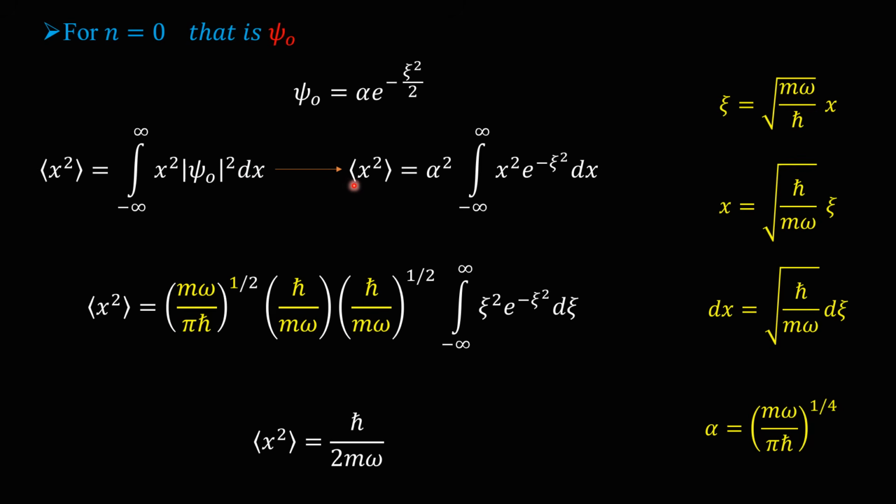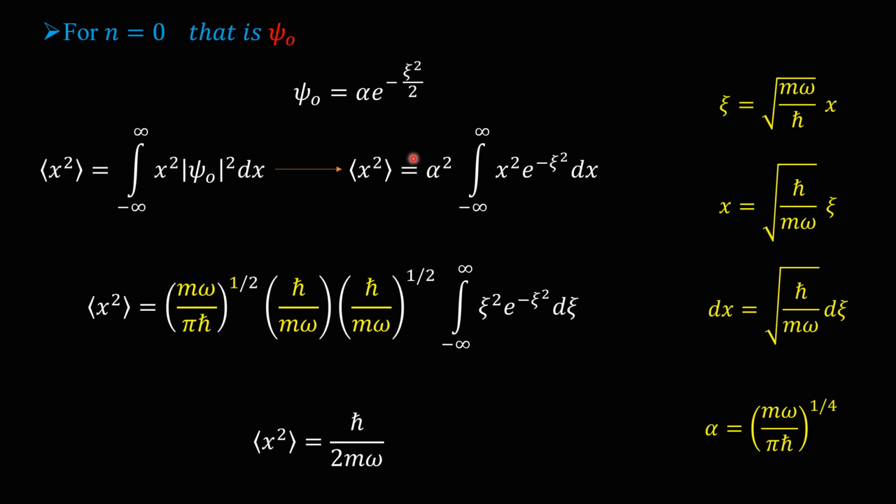Replacing this, it becomes alpha squared x squared, and squaring the exponential term gives e to the power minus z squared, dx. Alpha is (m omega over pi h cross) to the power 1/4, so alpha squared is (m omega over pi h cross) to the power 1/2.